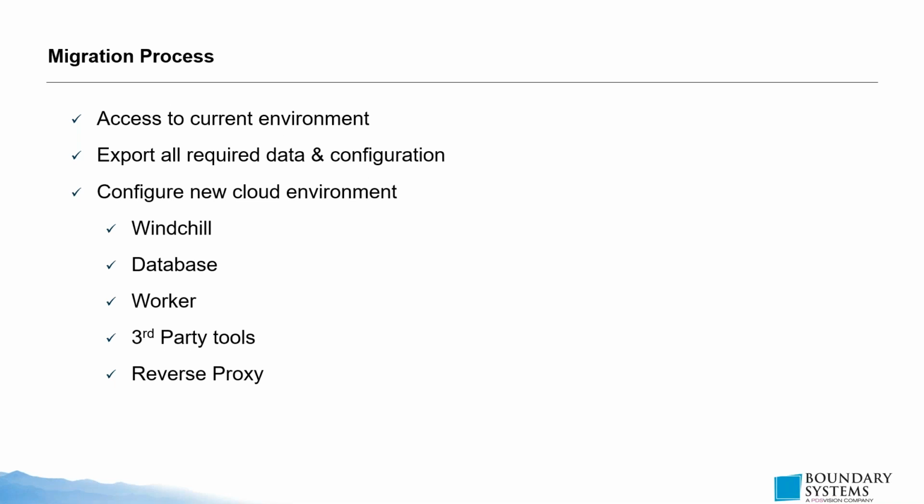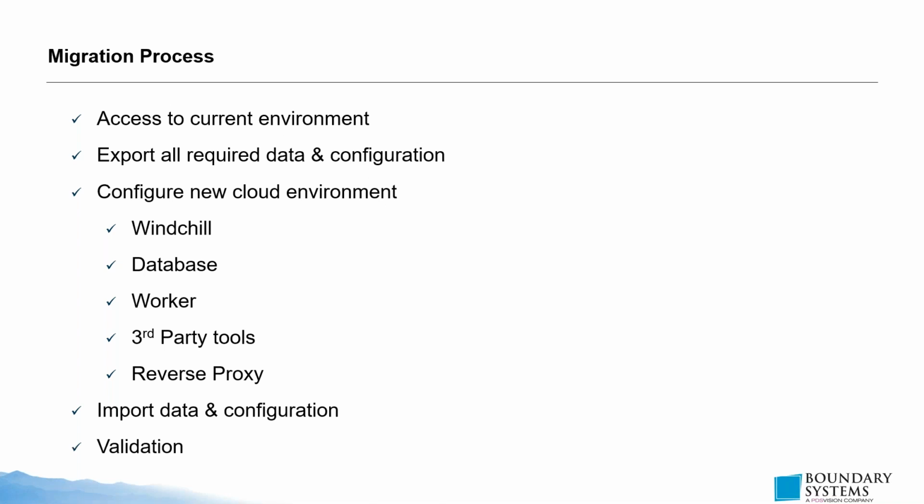Then we set up a cloud environment with the Windchill database. If you had any workers set up, we set those up too, along with any third-party tools you might have, and all our systems are set up with reverse proxy security technology. Then we import the data and configurations into this new cloud.